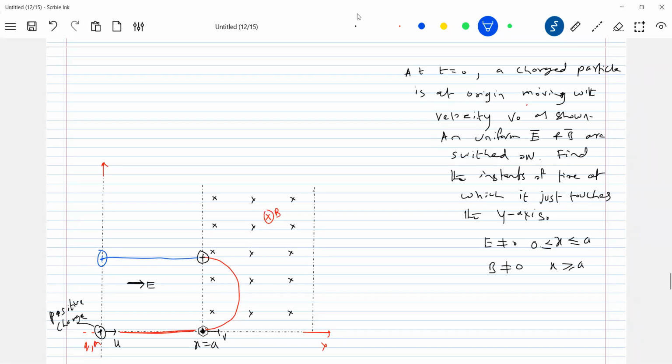Therefore, again it will encounter the electrostatic field for x less than a, right? So here it will have velocity u. Again it will undergo retardation and will return back. I'm just putting x less than a. Even on this side there will be an electrostatic field. Let's assume that one.